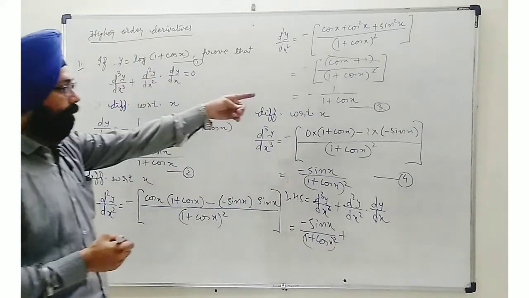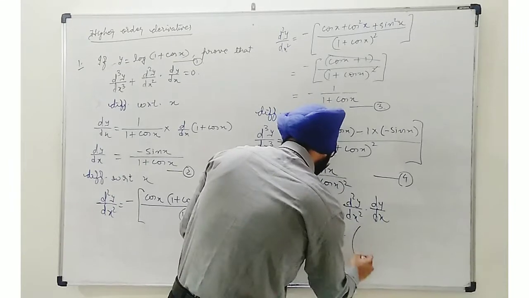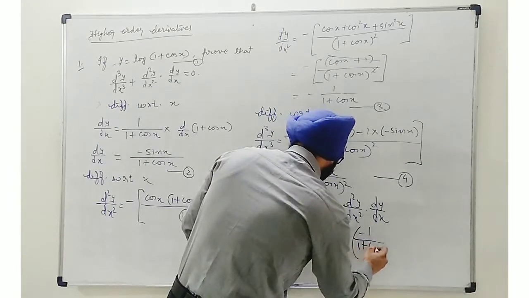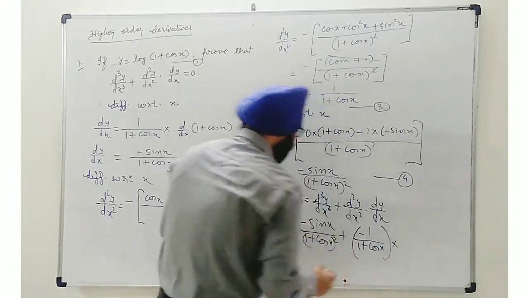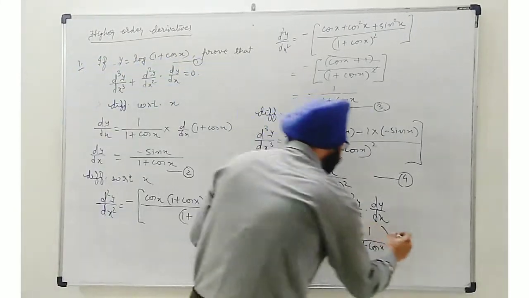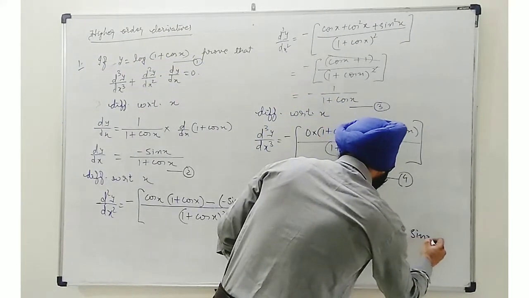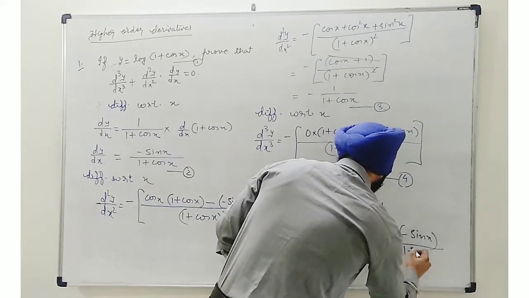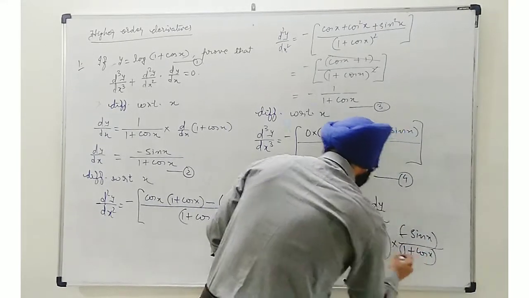Its final value we obtained is minus 1 upon 1 plus cos x into dy by dx. Its value was minus sin x upon 1 plus cos x.